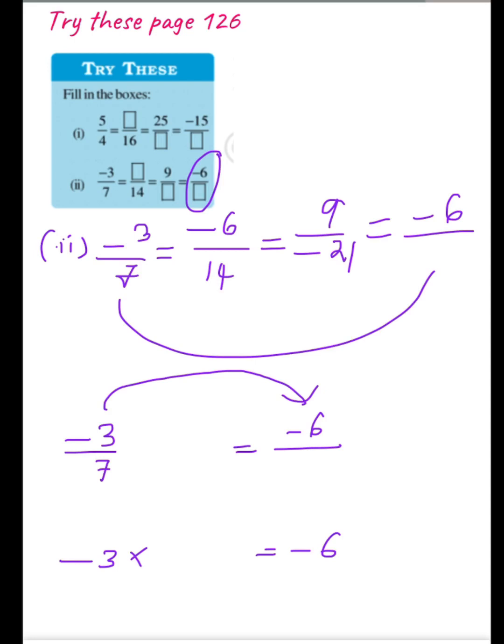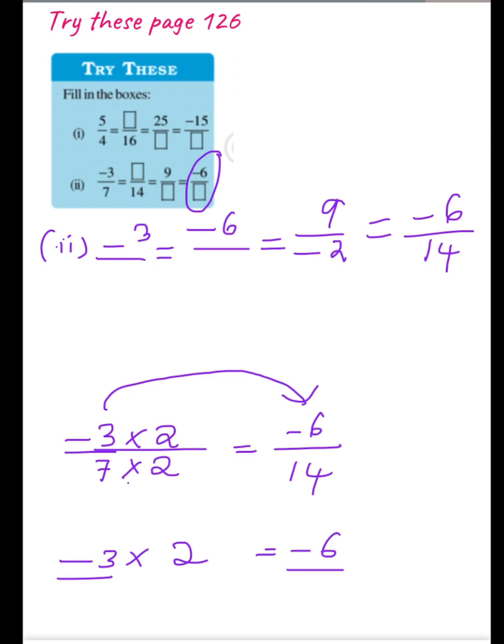So you know that 3 into 2 is 6. Is it? So you need to write here 2. Then minus 3 into 2 is minus 6. So whenever you are multiplying numerator, you need to multiply the denominator also. So in the numerator you will get minus 6 and in the denominator you will get 14. So here you will get the answer as 14.